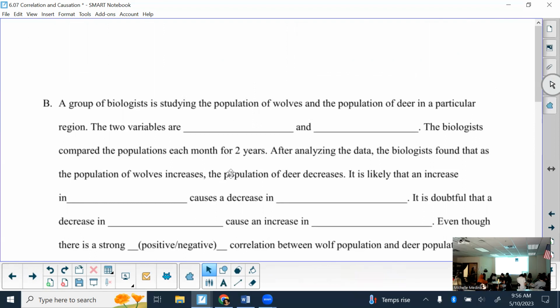All right, so a group of biologists is studying the population of wolves and the population of deer in a particular region. Table 7. What is one of the variables?